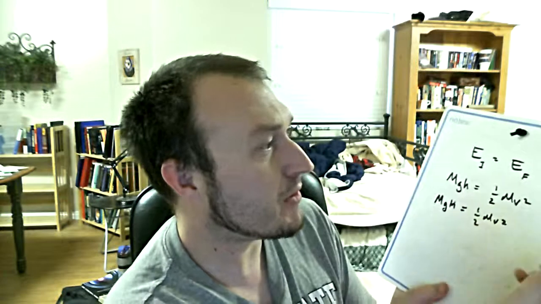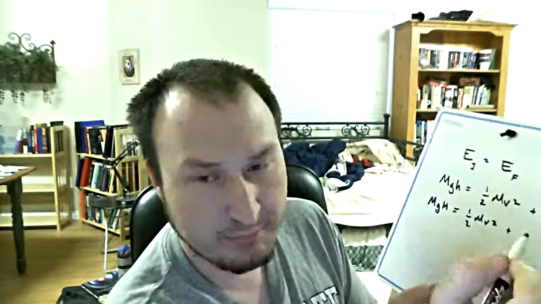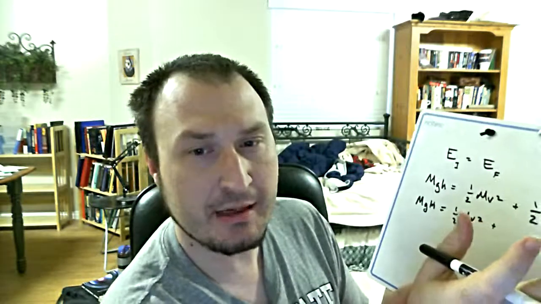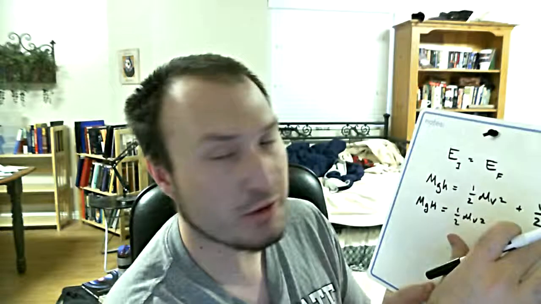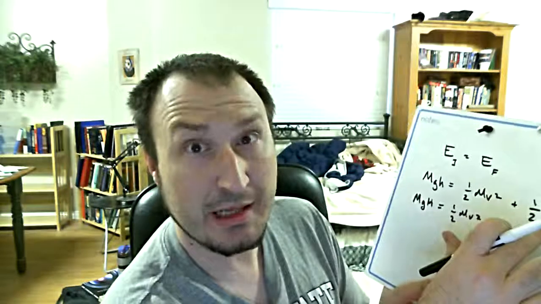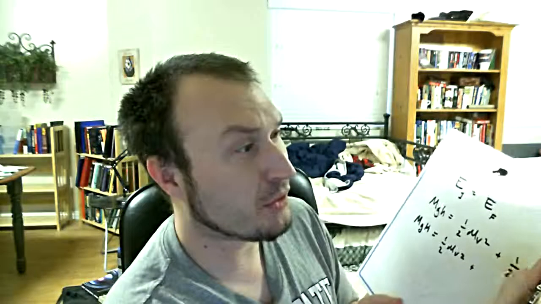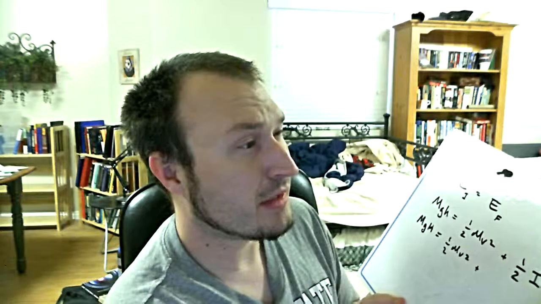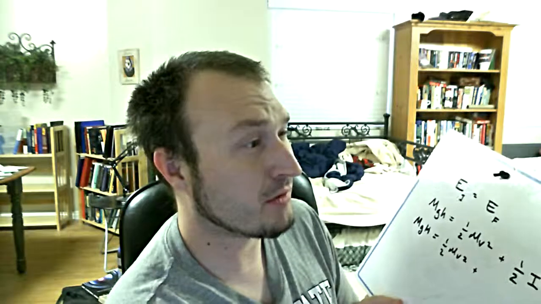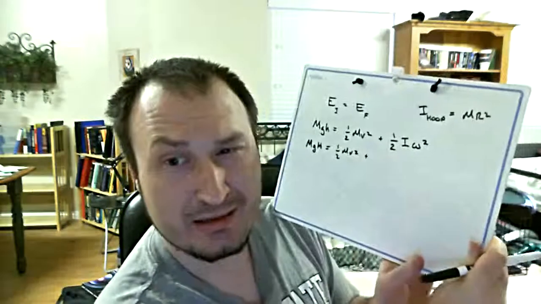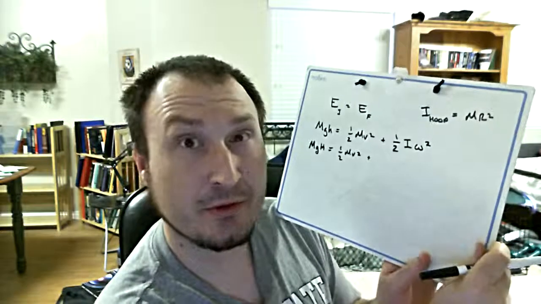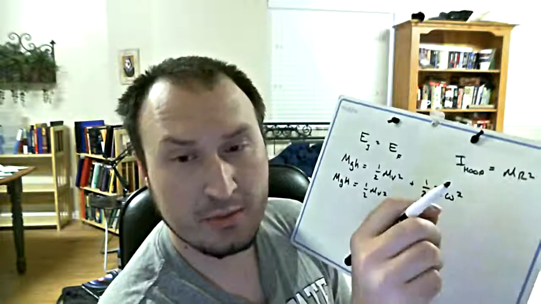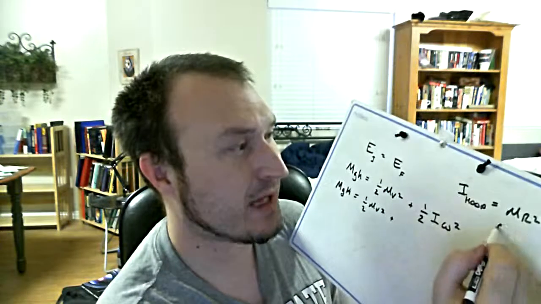This is not one of those moments of inertia that is present in the tables. It doesn't say moment of inertia for a hoop. It doesn't have that. The moment of inertia for a hoop is really easy to remember, though. It's just m r squared, where r is the radius of the hoop. For me, you're just summing a whole bunch of little mass elements.